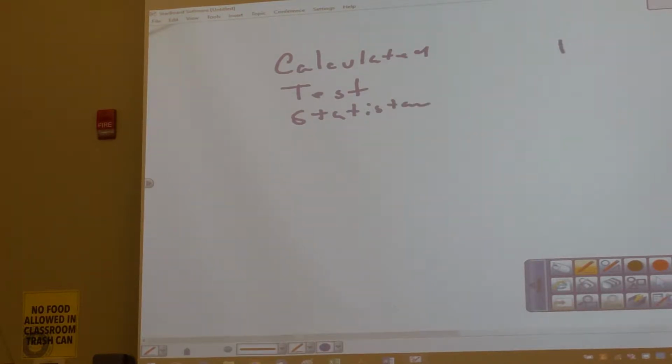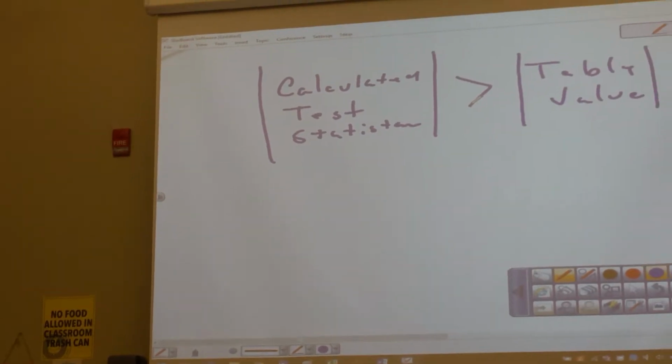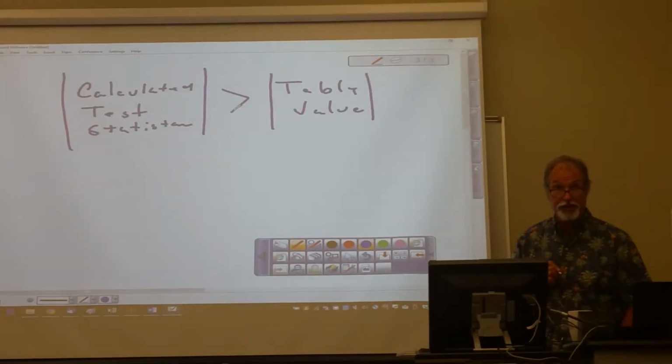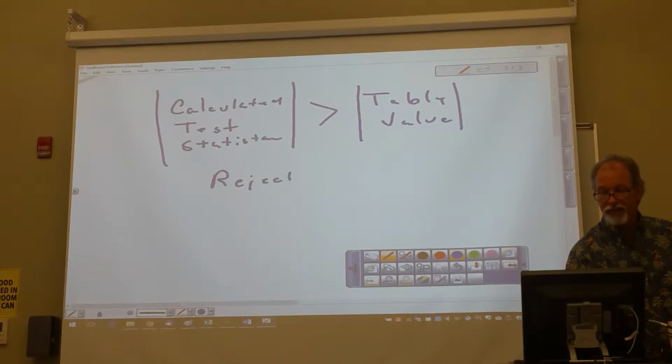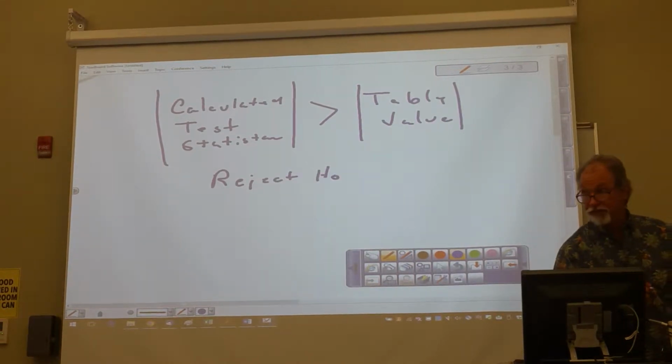A table value. And when I'm dealing with these, I look at absolute values. And if the absolute value of the calculated test statistic is greater than the table value, I reject the null hypothesis.